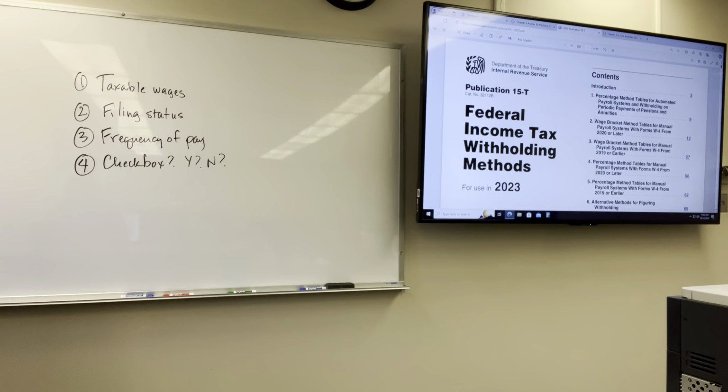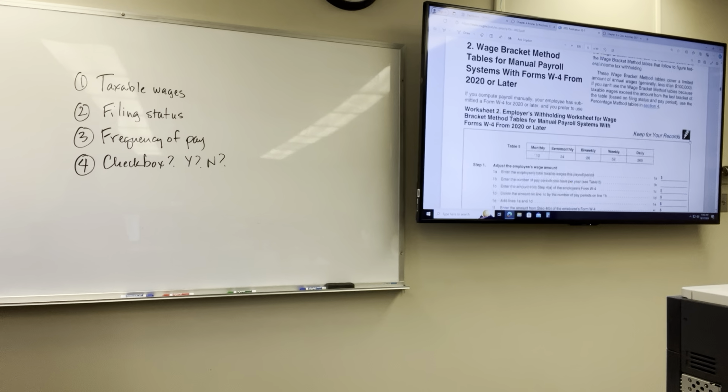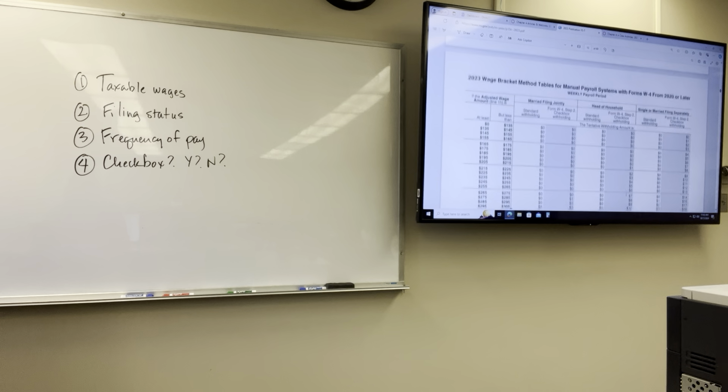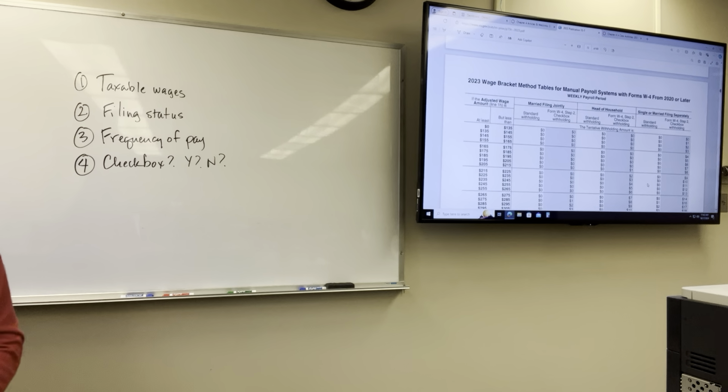So we're going to be using the wage bracket method tables for manual payroll systems with forms W-4 from 2020 or later. And like I said, we will get into using these worksheets, but first I want to get you more familiar with these tables.